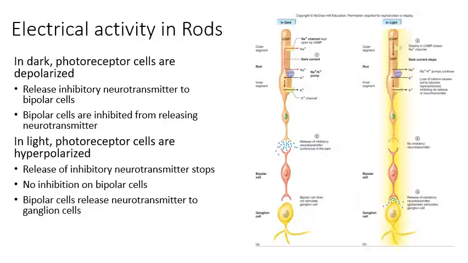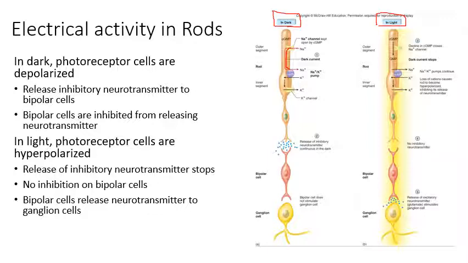So what is happening, here's the dark, and we'll walk through it again just because I know it is a bit confusing with the reversal of how these cells are stimulated. In the dark, cyclic GMP levels are high, the phosphodiesterase enzyme is not turned on, and those sodium channels are open, and we're depolarizing the cell. The depolarized cell causes release of neurotransmitter.